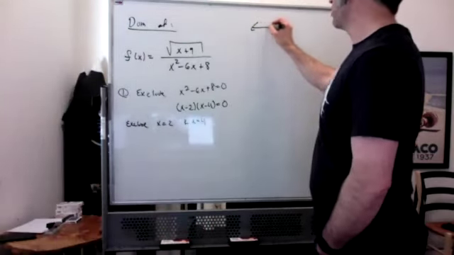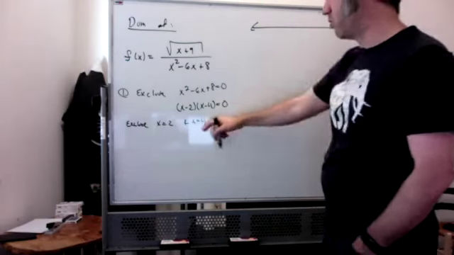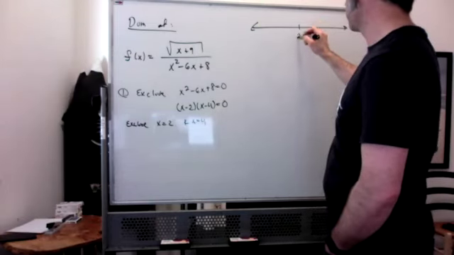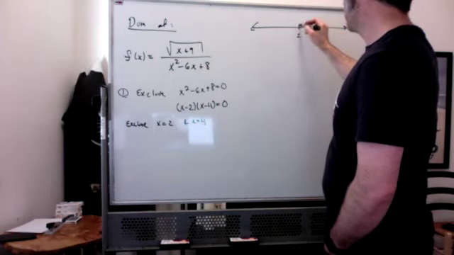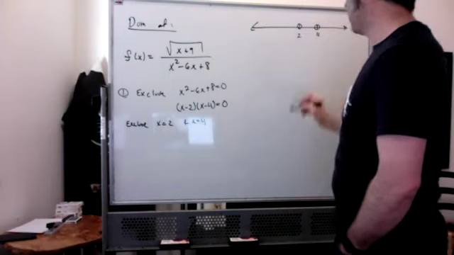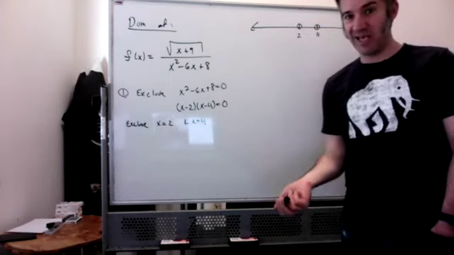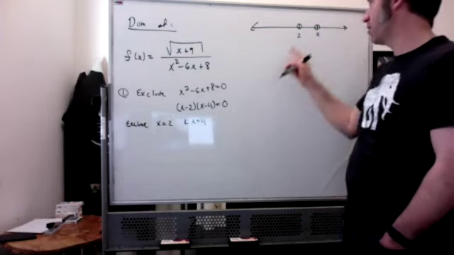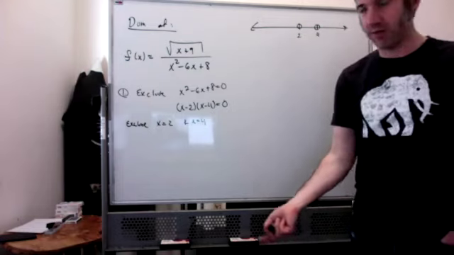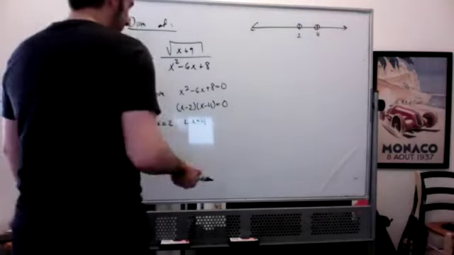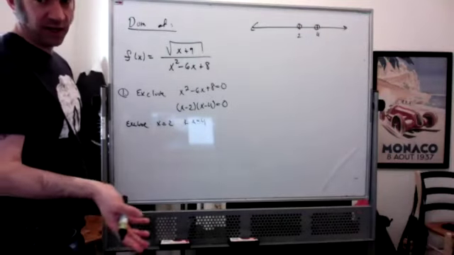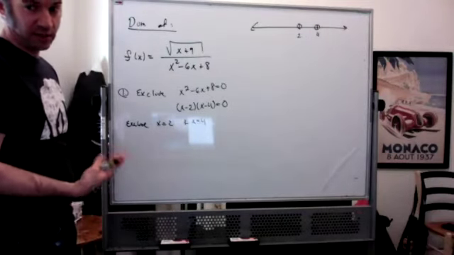So far on my number line, I know I don't want 2 and I don't want 4. I'm not going to color everything else in yet because I don't know that I want everything else, but so far, everything besides 2 and 4 is fine. I don't care about the denominator being positive or negative. I just care about the denominator not being 0.